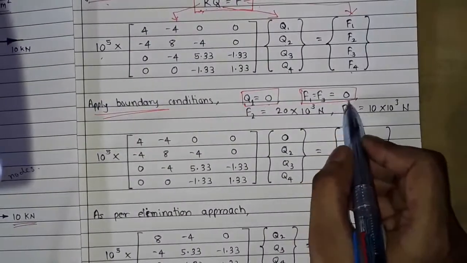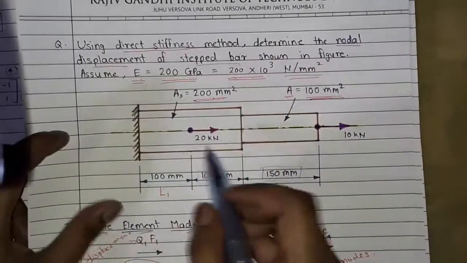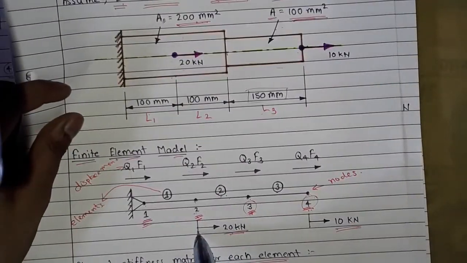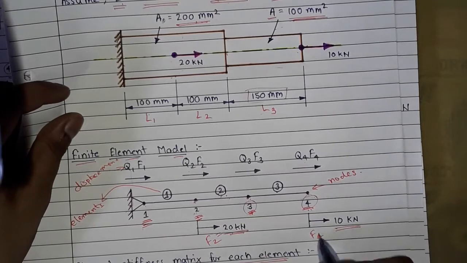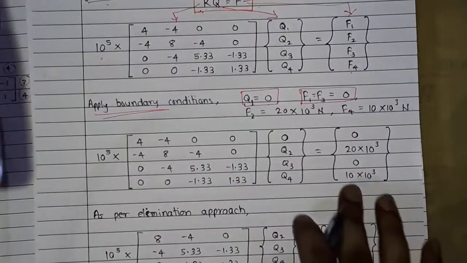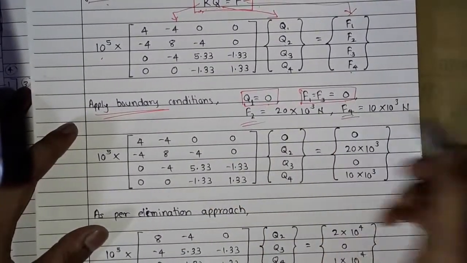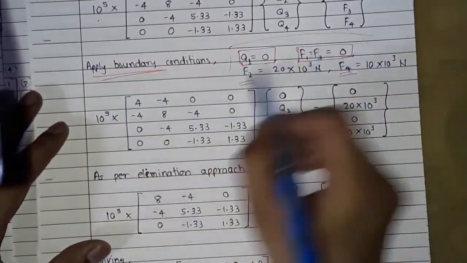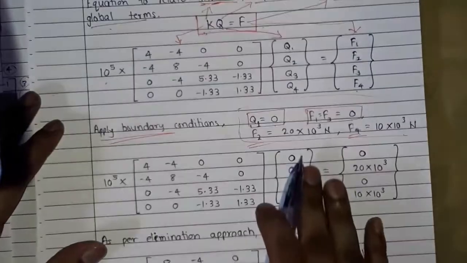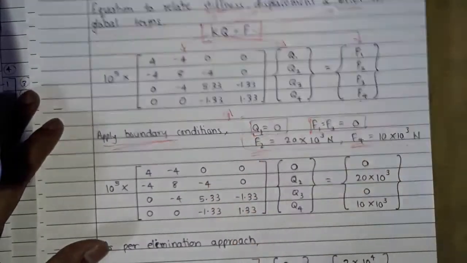So F1 and F3 are 0. We have here forces for node 2 and node 4. So this is the F2 value, this is the F4 value. Now let's apply all these boundary conditions to our equation.